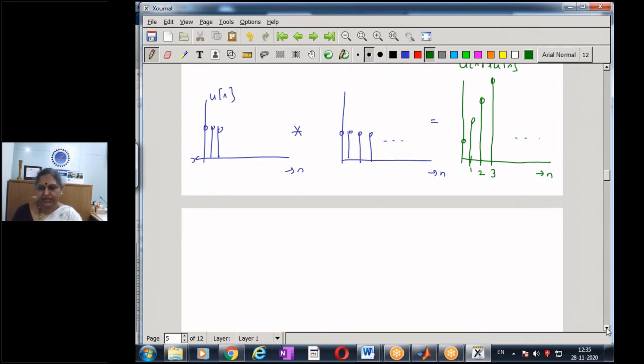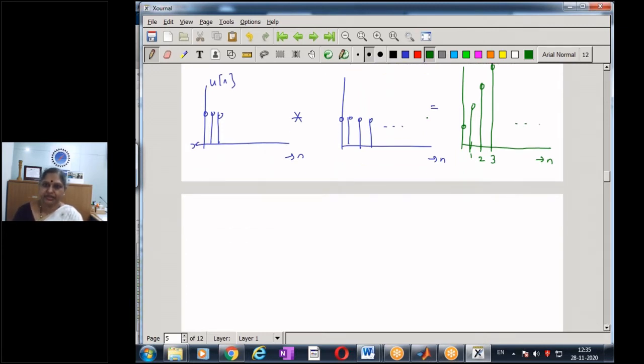So this is one method of computing the convolution sum. As a second method, we'll try to do the same by using the graphical method of convolution.